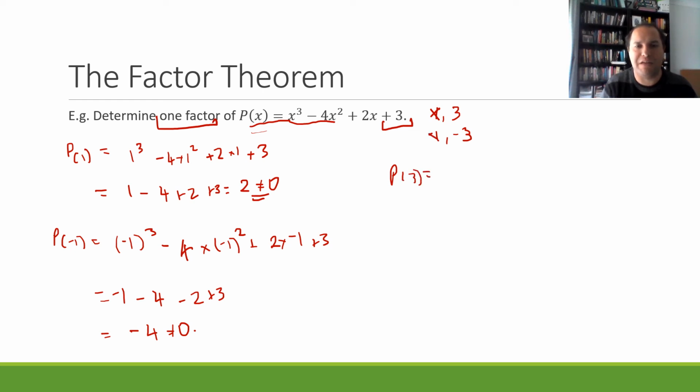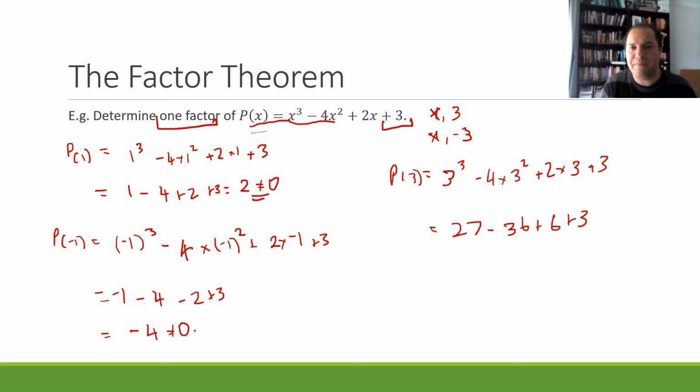Once again, we can try 3 because 3 is a factor of that last term there. 3 cubed minus 4 times 3 squared plus 2 times 3 plus 3. All right, 27 minus 3 squared is 9 times 4 is 36 plus 2 times 3 is 6 plus 3.